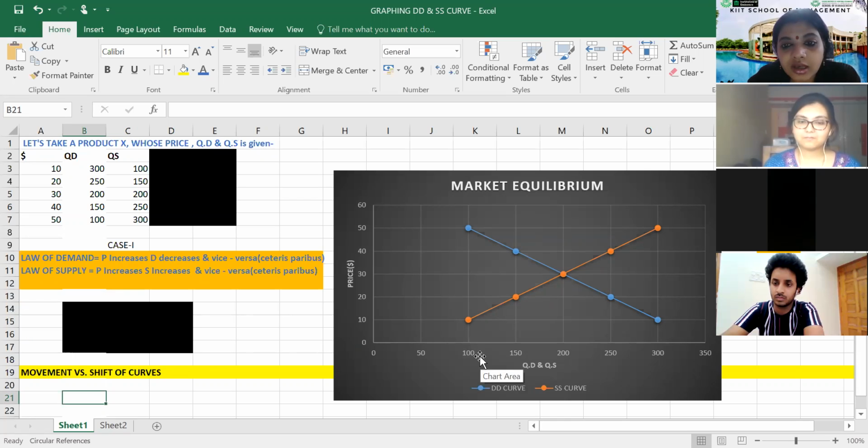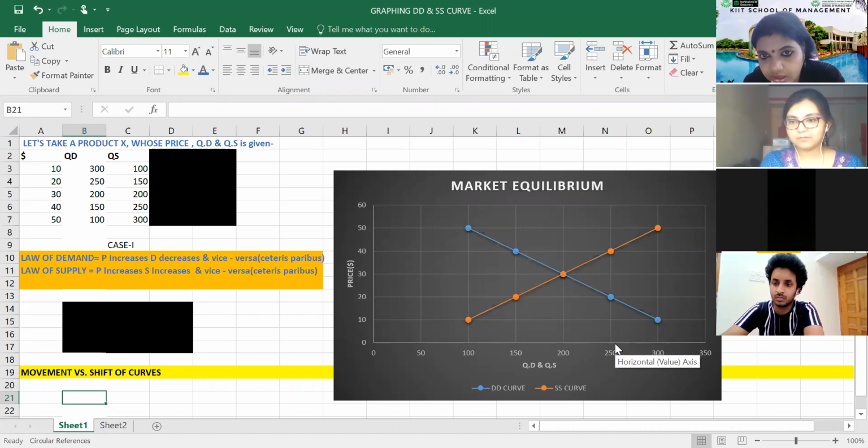Is this kind of scenario a shift or a movement? Shift, ma'am. Shift. Why do you say shift? Which is the factor which has affected the kind of change in demand?